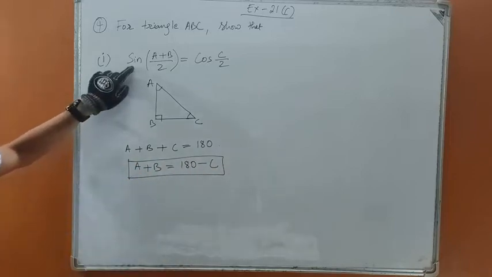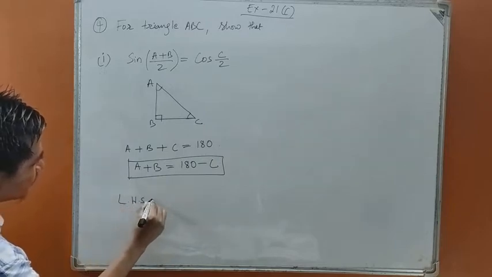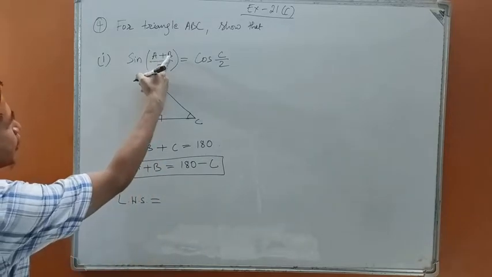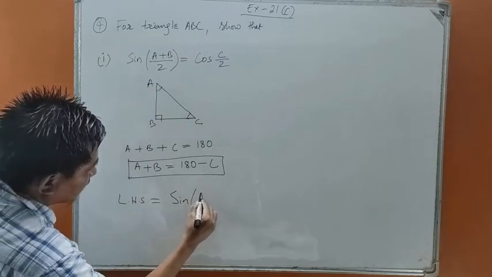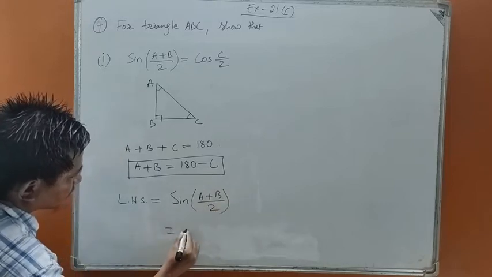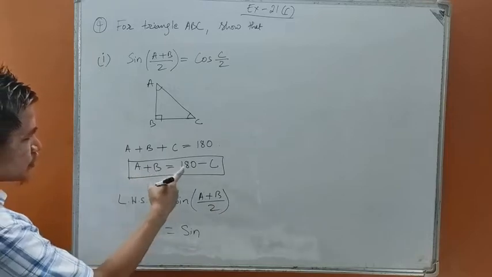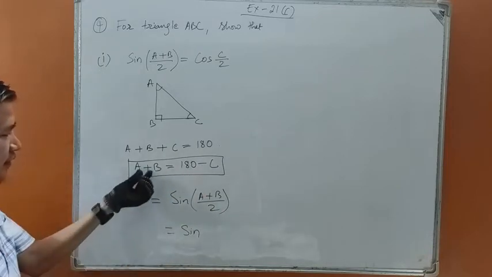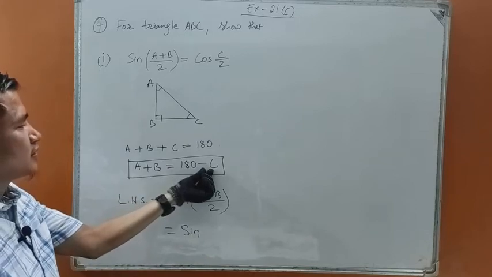Okay, now in the left hand side we have LHS equals sine of A plus B upon 2, isn't it? Sine of A plus B upon 2. So this means A plus B means 180 minus C. How do we get this?